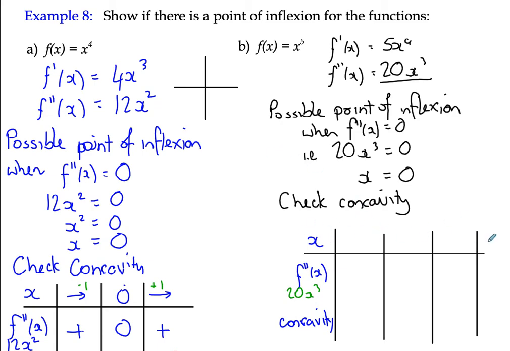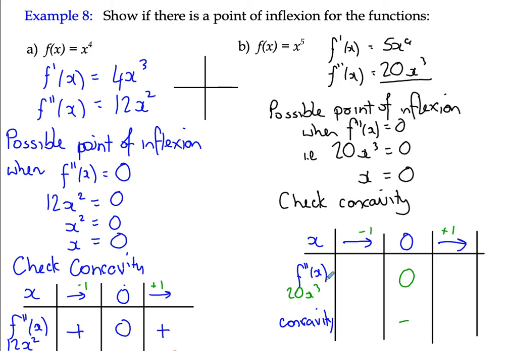So the three columns we're going to fill out. The middle column is going to be our value when the second derivative is 0, which happens to be 0. And again, we're going to investigate just to the left of that and just to the right. And you might want to write in possible points that you're going to use there, values for x. So we know that in the middle, when x equals 0, the second derivative is 0, and so that's fine.